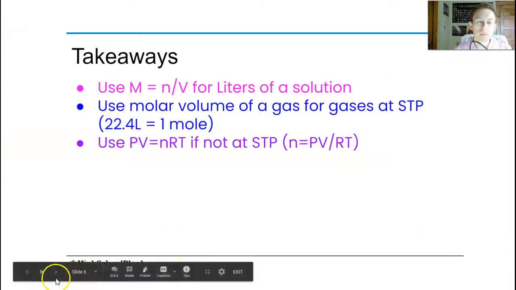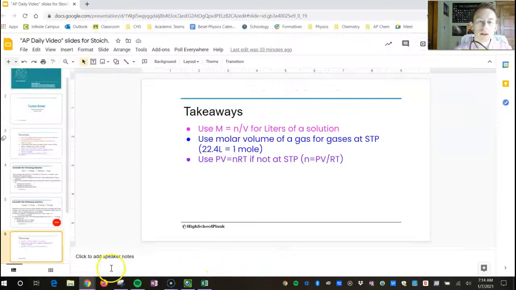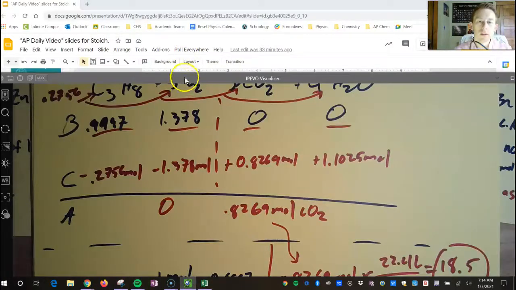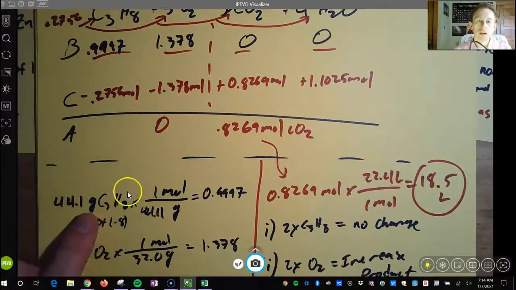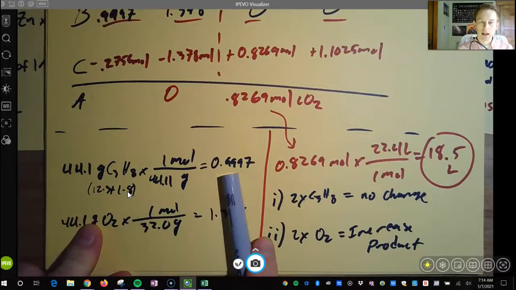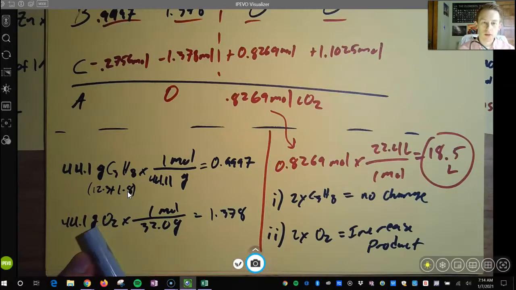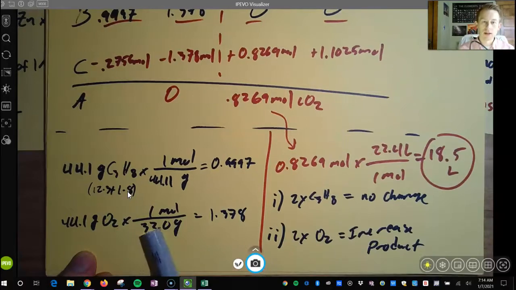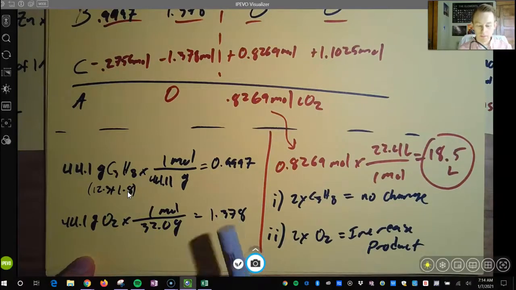That's what I thought. Here's what my molar mass of propane was. Divided by that, I got pretty much 1. And then for oxygen gas, divided by its molar mass, got this.